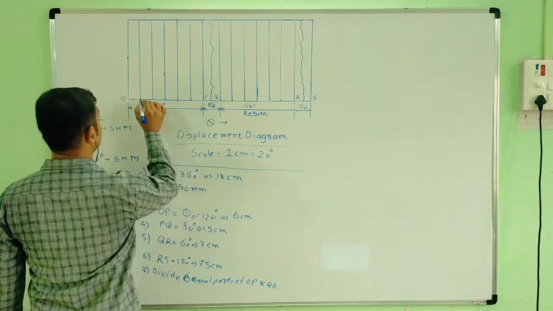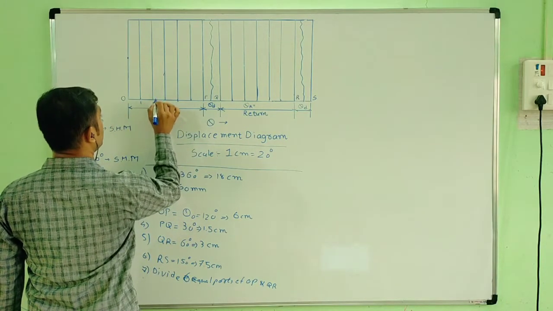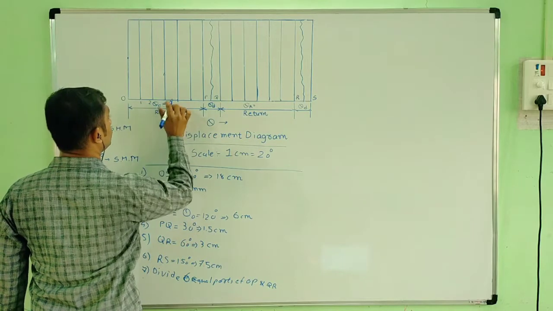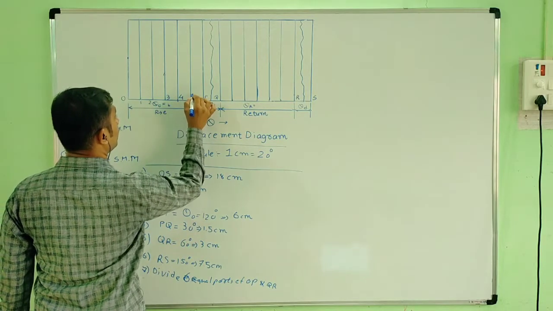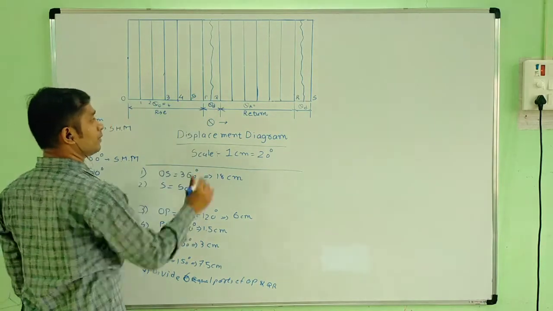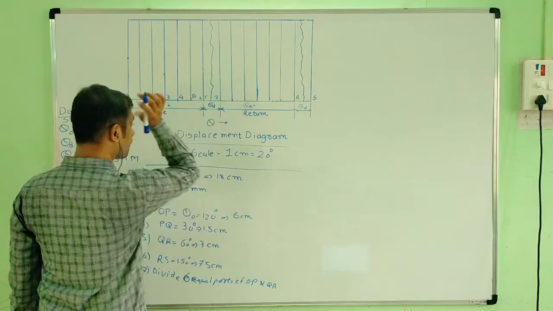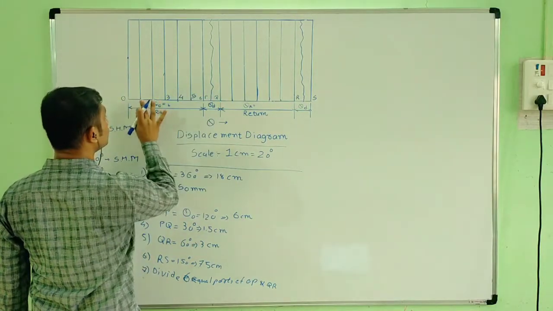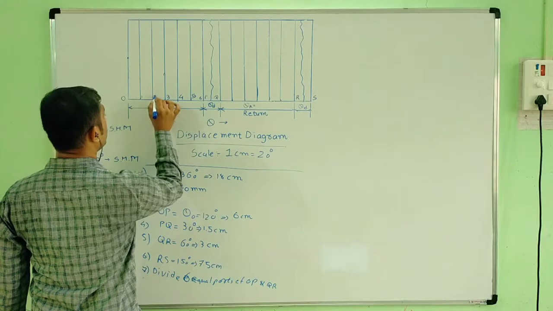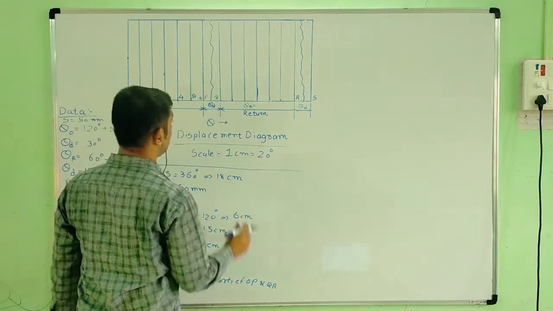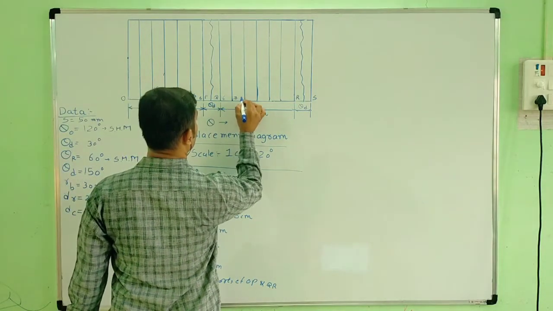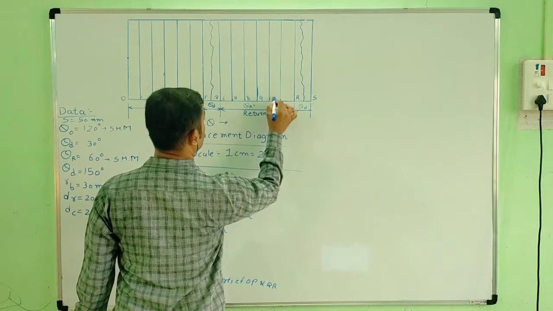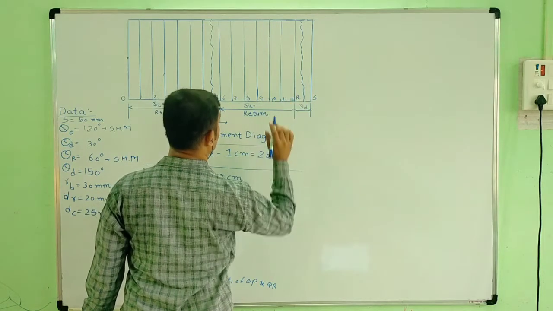Now name 1, 2, 3, 4 and 5. Okay, and then 6. 1, 2. Then again 6, 7, 8, 9, 10, 11 and 12.